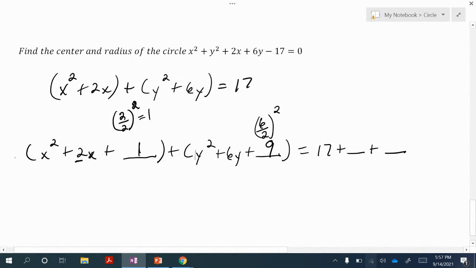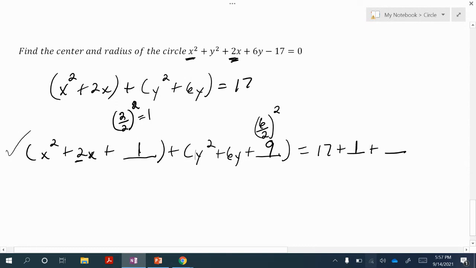So here is what I mean by that. If we look at our complete the square, if we look at this first term, x squared, notice that we started with x squared. We have 2x. Notice that we started with 2x. Notice once we completed the square, we added a 1, and the 1 is not on the left-hand side.